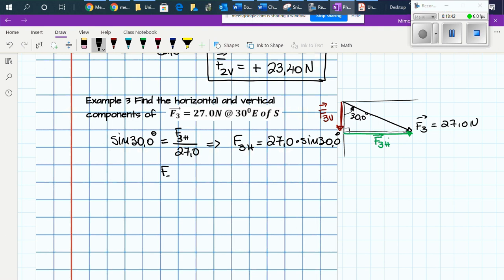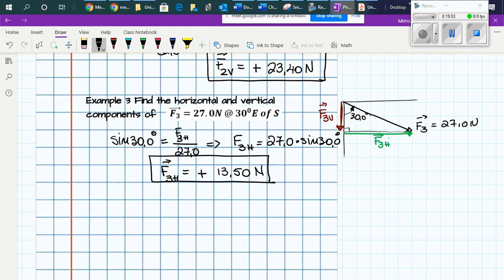So F3 horizontal is positive because it's going in the east direction, and it is 13.50 newtons.